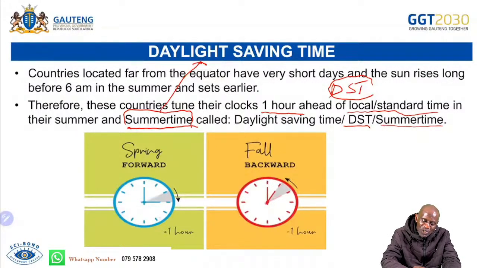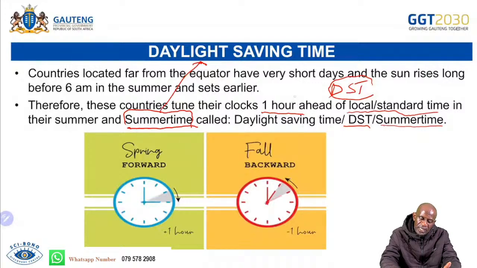So their clock is adjusted ahead by 1 hour. And this kind of condition whereby we have long sunrises during the days in summer is referred to as daylight saving time.